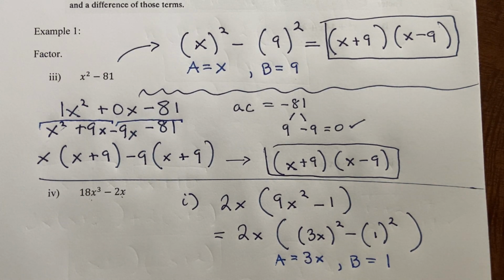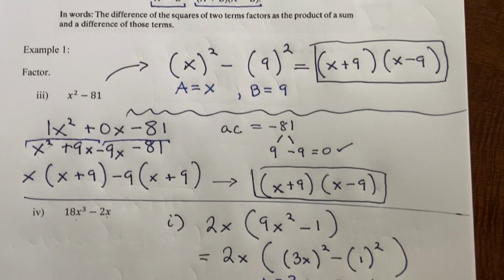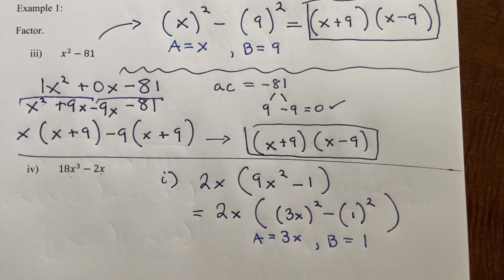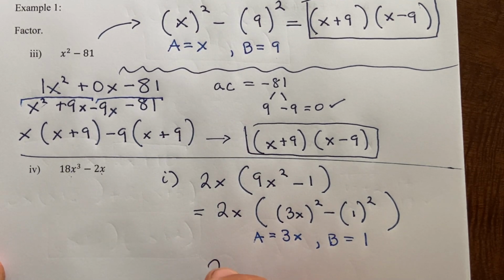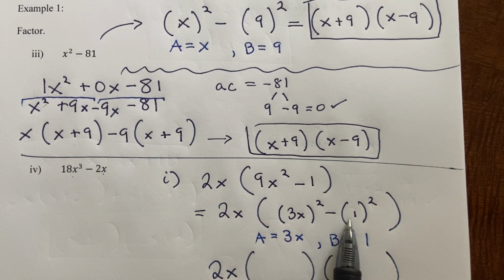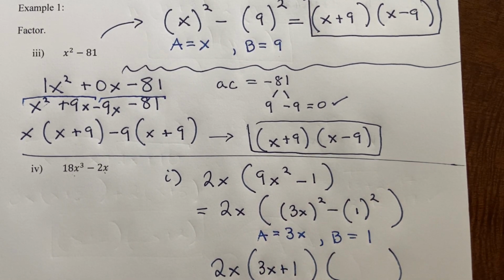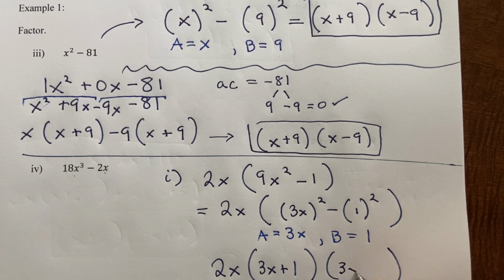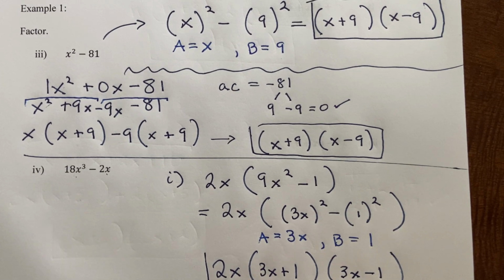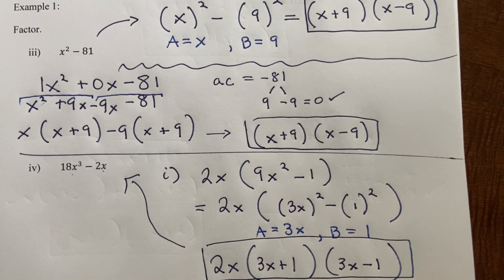So I can now just quickly follow this shortcut, and I will still have that 2x up front. So we'll have 2x and then a factorization of this difference of squares. So we'll have 3x plus b, right? A plus b, so 3x plus 1, and then I'll have a minus b. So this is the factored version of that.